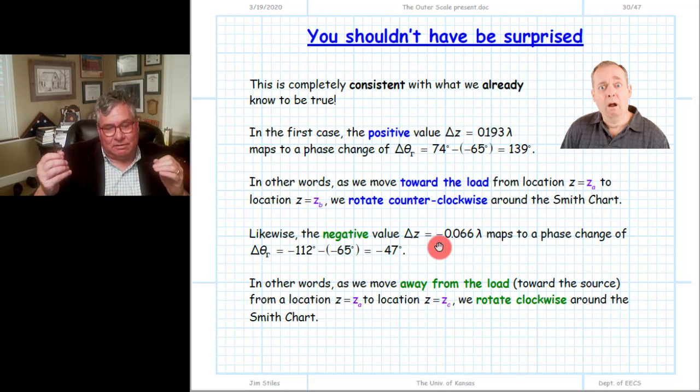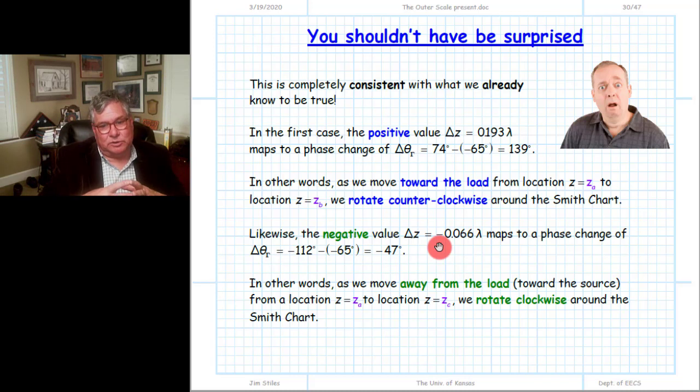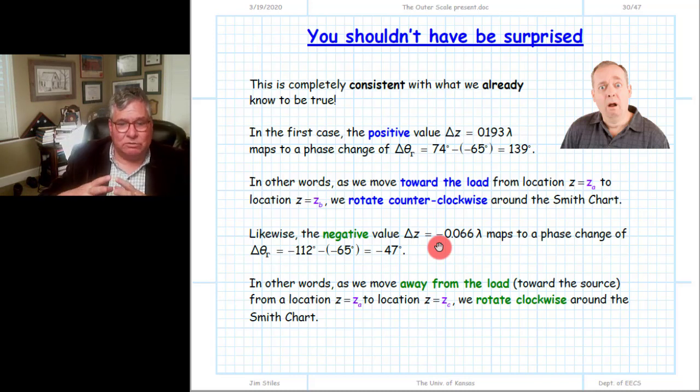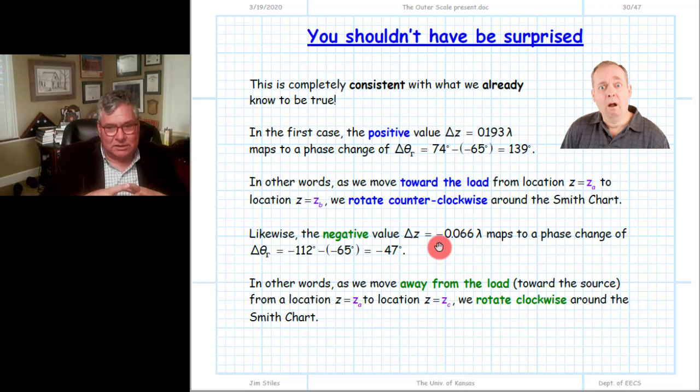A value of negative delta z corresponds to a rotation that is clockwise around the Smith chart. Again, from the standpoint of that outer scale of distance toward the load, as we move toward the load, we are rotating counterclockwise, and as we move away from the load, reducing the value of the index, we are moving clockwise.